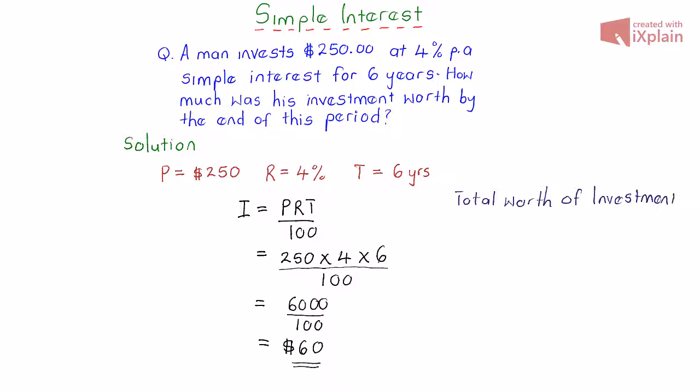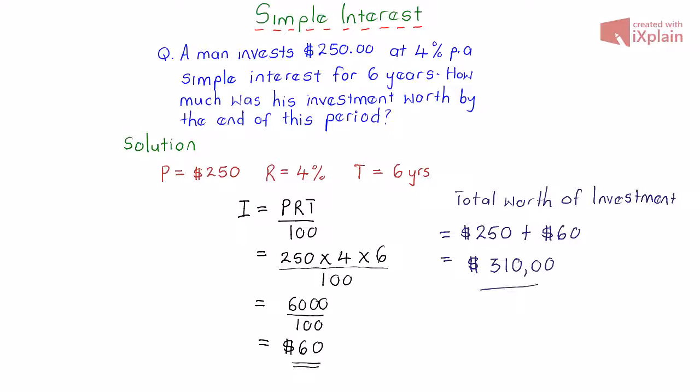Okay, so we do that by adding now the 250 that he invested initially and the interest that has accumulated in the 6 years, and that is the $60. So here we'll be getting the total worth of his investment after 6 years will be $310.